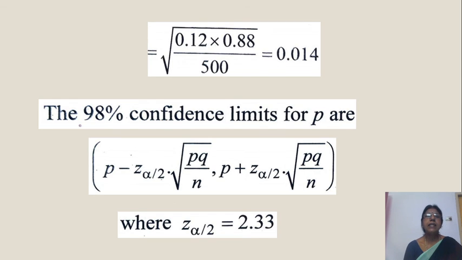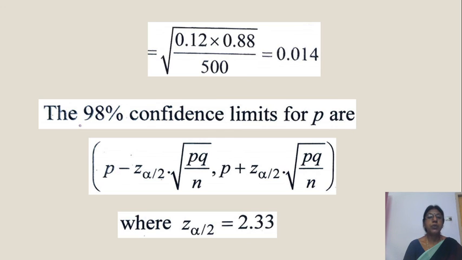Now the 98% significance limits for P are P minus Z alpha by 2 root of PQ by N, and P plus Z alpha by 2 root of PQ by N. We have given 98% confidence, that means 2%. 2% means 0.02.